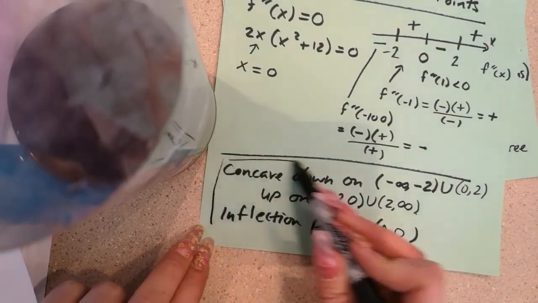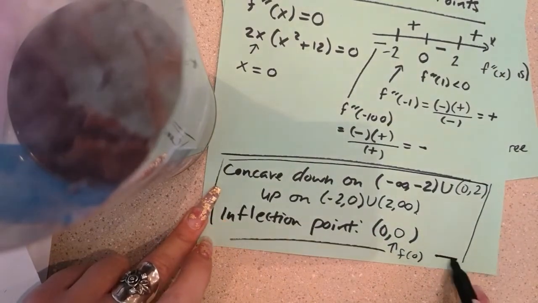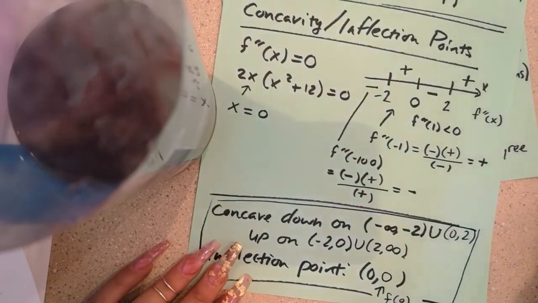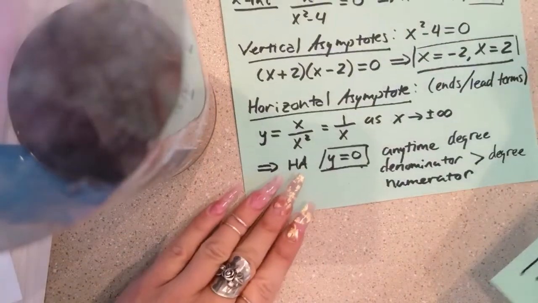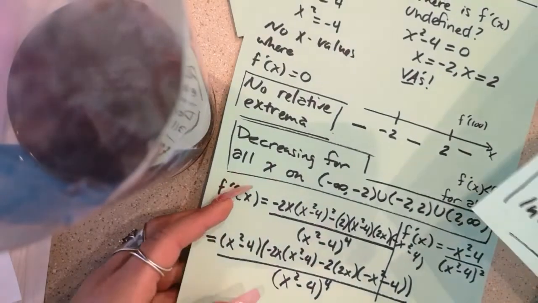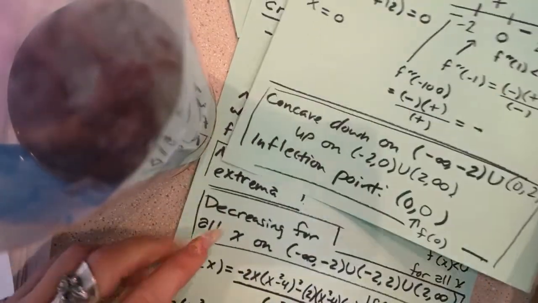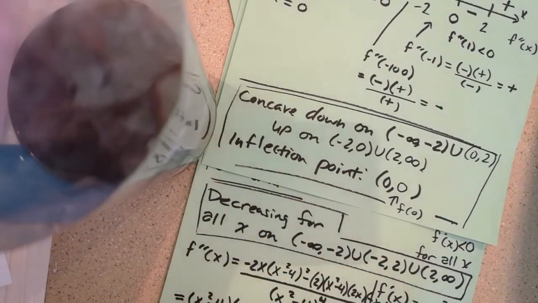That's actually the intercept we found earlier, I believe. Okay, so do I have all the information? So then let me go back over to my graph, see what I have. So I have decreasing, I have concavity.